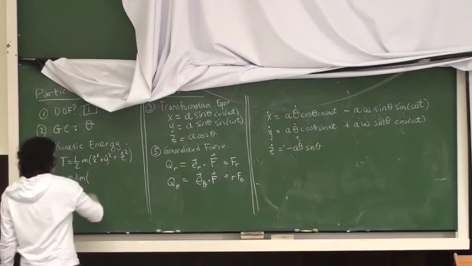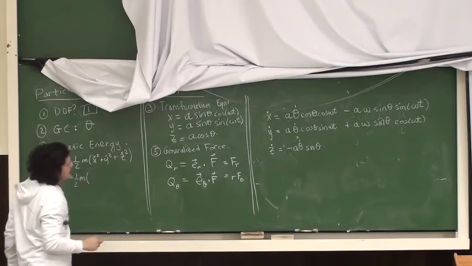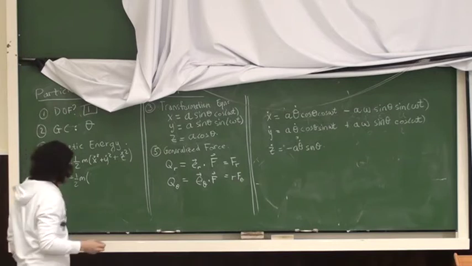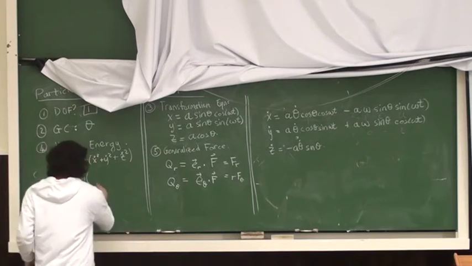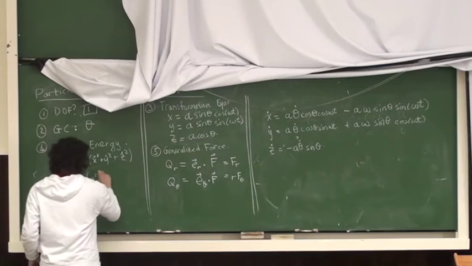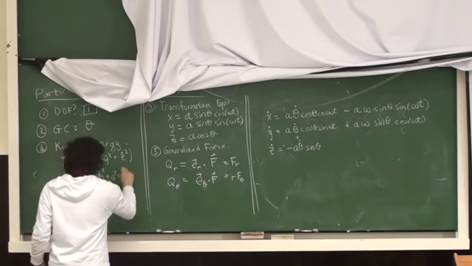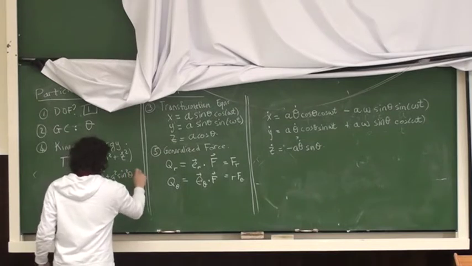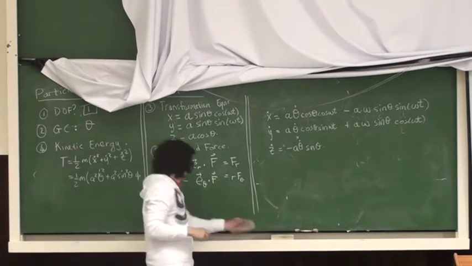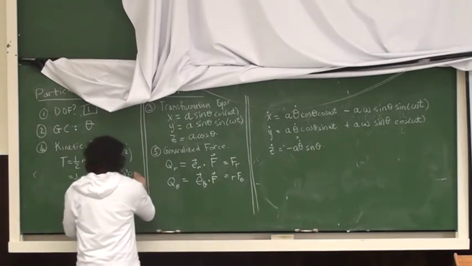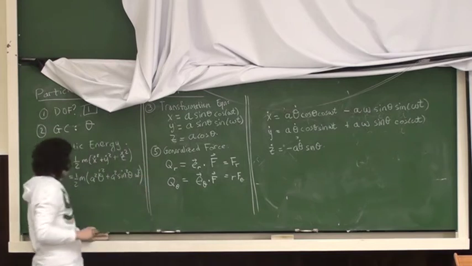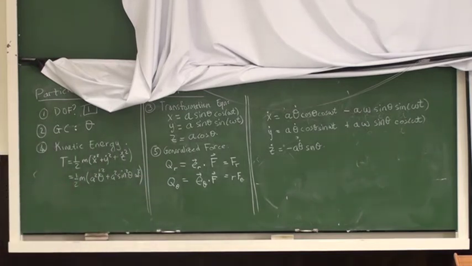Half m, and I think it looks like a squared theta dot squared plus a squared sine squared theta phi dot squared. You can check that that is indeed what we get. And we add all those squared.